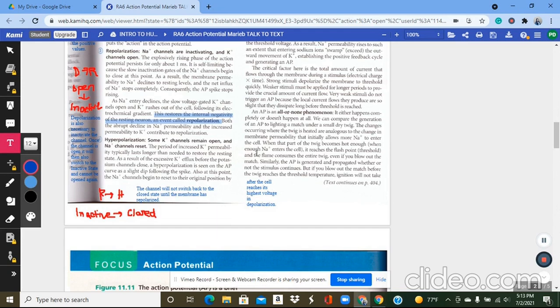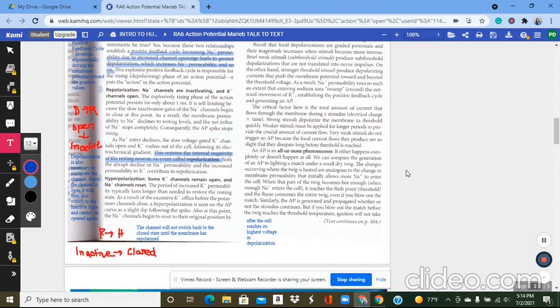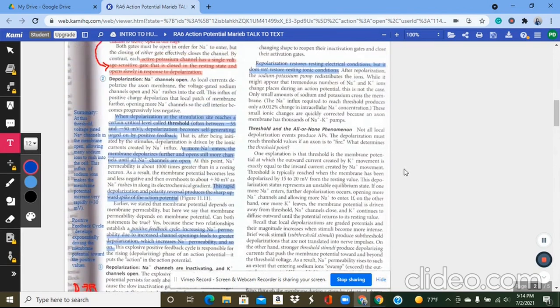So the sodium channels return to the normal state, remaining closed, but they become responsive to the voltage. After that the action potential cycle may then repeat.